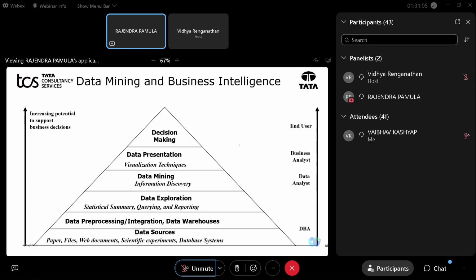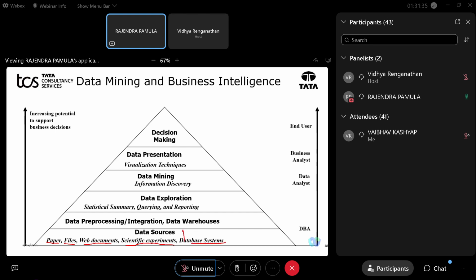So this is one pyramid, or a structure, in which data mining and business intelligence together make an important structure for how we analyze the data in terms of statistics. The data sources come from different papers, pages, files, web documents, scientific experiments, and databases.